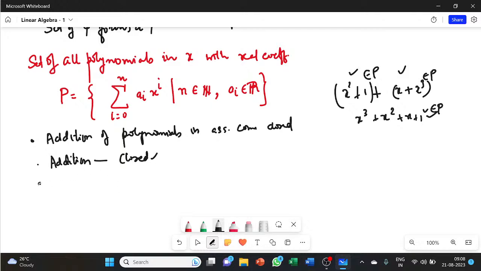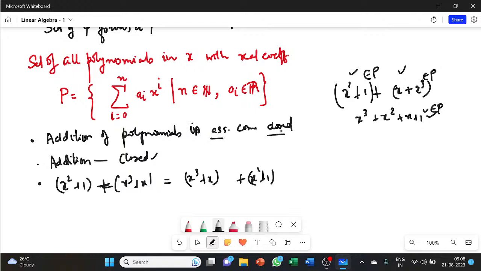Now if you think of commutativity, yes indeed commutativity exists. For example, if I add x square plus 1 with x cube plus x, or I add x cube plus x and then x square plus 1, indeed it will give me the same result, because I know that addition is commutative as well as associative in R. So you can say that addition of polynomials is an associative as well as commutative operation.